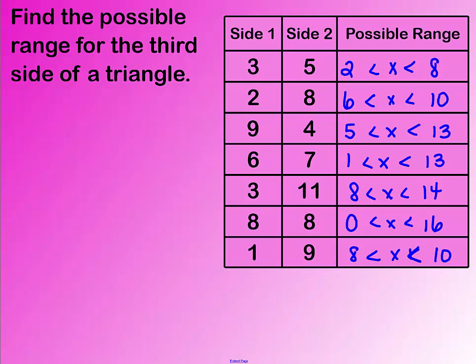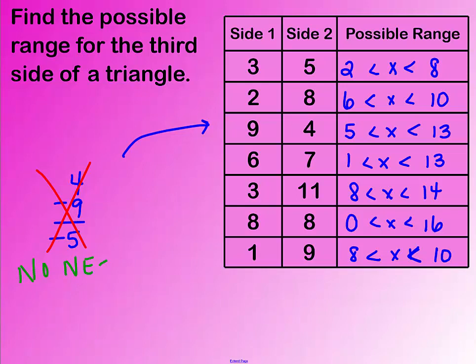If you notice, I am getting no negative numbers. That is not coincidental. I am not subtracting in a way that would give me a negative number. So for example, on this one, I am not doing 4 minus 9 to get negative 5. I can't have a negative side length on a triangle, so I ignore that it could possibly be done that way.